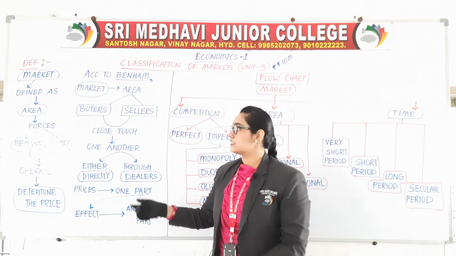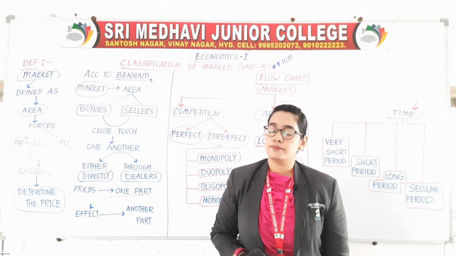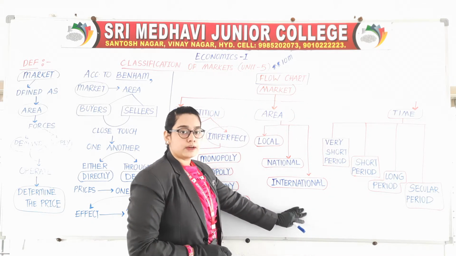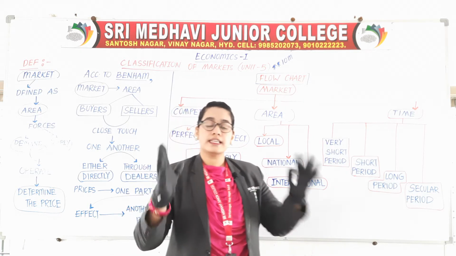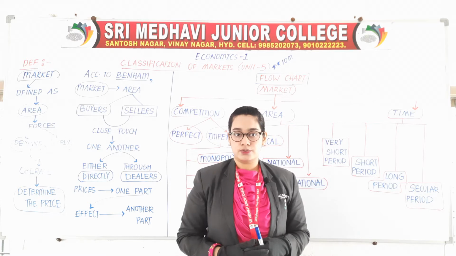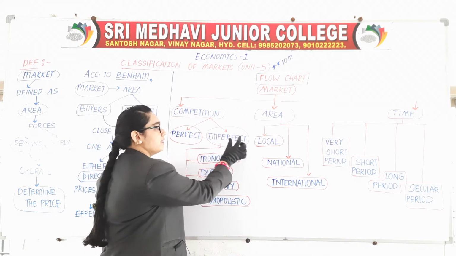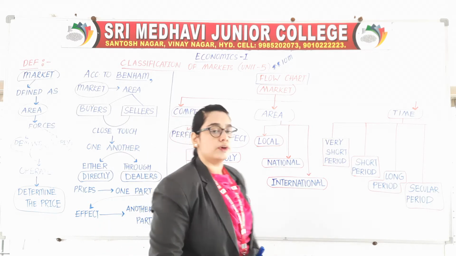First we are going to discuss the definition of market. Then we will study briefly the flow chart of market, like how many types the market is divided into. After that we will discuss the definition of each and every point written over here.